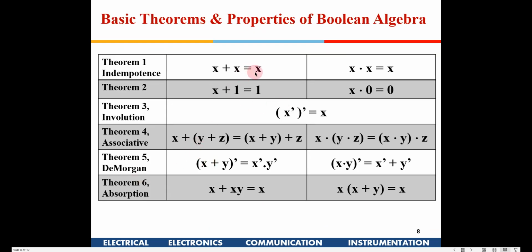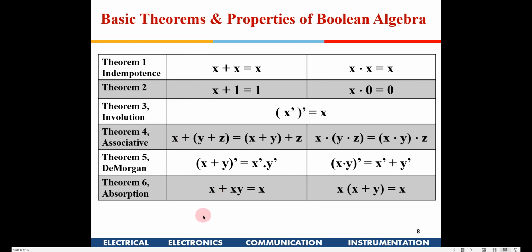These are another set of 6 theorems which we need to remember. With these 6 theorems, we will be in a position to simplify a lot of algebraic expressions. First we learned around 9 postulates, then we learned about duality, and now we are going to learn about these 6 theorems.